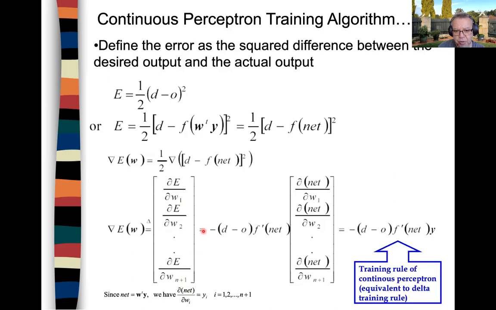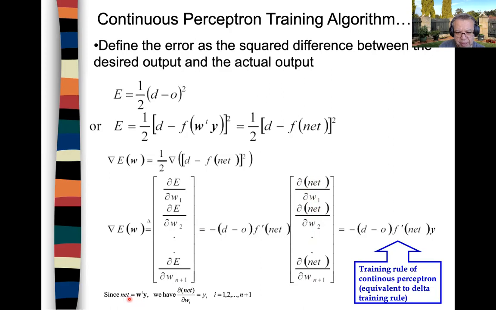If we apply the rules of differentiation, the 2 and 1/2 cancel. We're going to have a minus sign, then d minus o, and then we apply the chain rule, so it will be f prime of net times the partial derivative of the net activation with respect to W1, and with respect to W2, up to n+1.